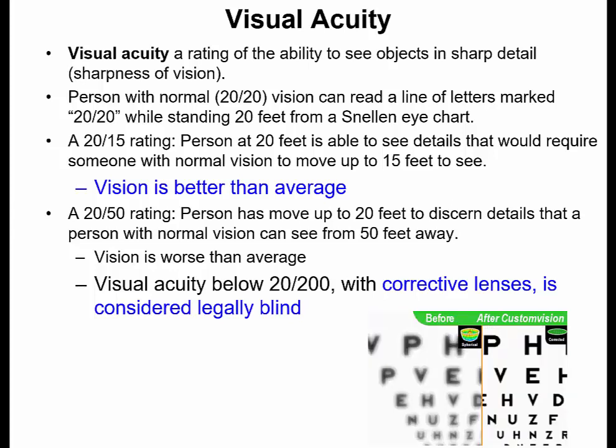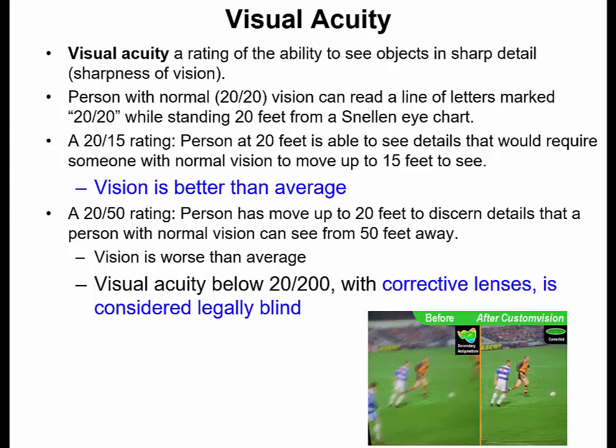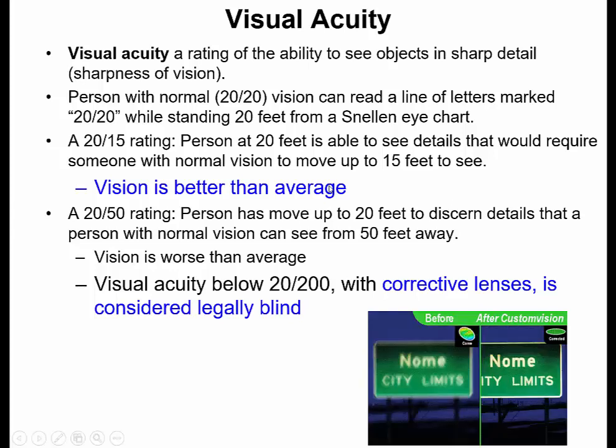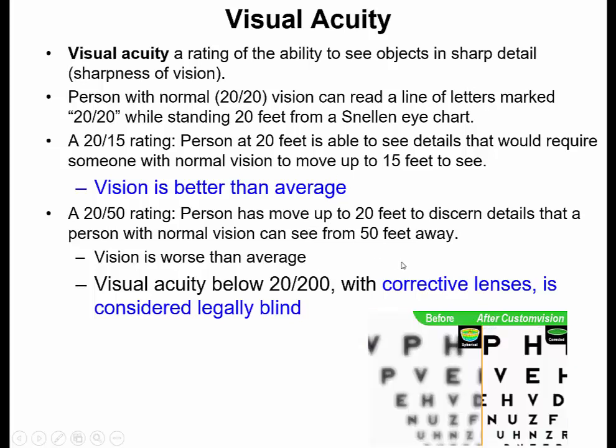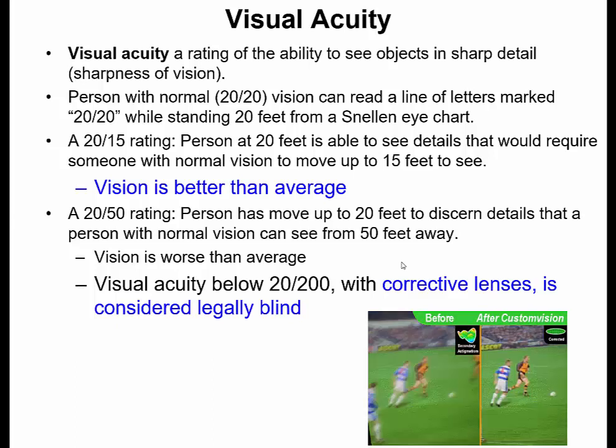What if they're 20/70? That means that person has to move up to 20 feet to read the same letters that a person with normal vision can read at 70 feet away. Visual acuity below 20/200 with corrective lenses is considered legally blind. However, you'll have people who are 20/200 and they're wearing corrective lenses and they have better vision than 20/200, and so they're not considered legally blind.